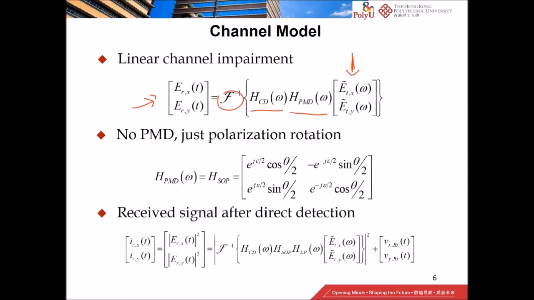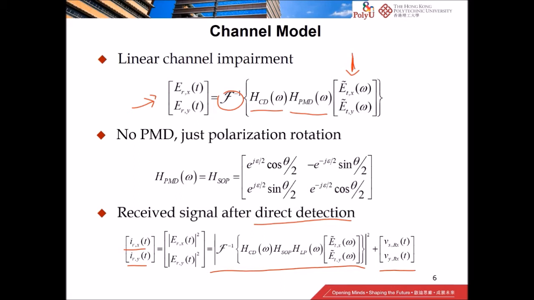So obviously, we look at the received signal after direct detection. We particularly focus on direct detection because, for cost concerns, most of the short reach proposals are based on direct detection. So basically, the received photocurrents, in principle in both polarizations, are determined by the received electric field, plus whatever electrical noise is generated from the receiver structure.